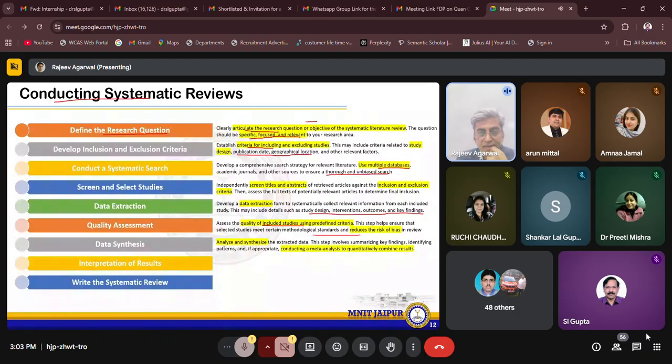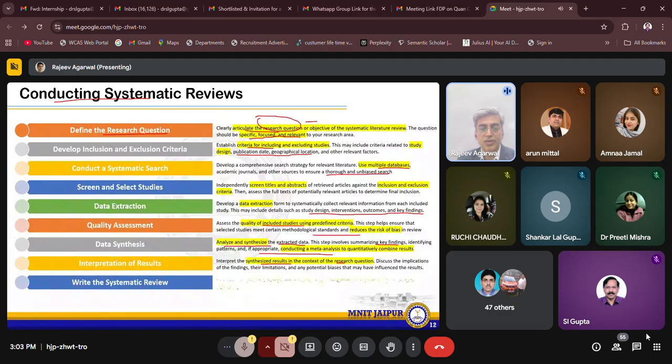Then analyze and synthesize the extracted data. Data means the number of papers you will be downloading for the last 20 years with the use of your keywords. So, summarizing key findings, identifying patterns, and meta-analysis. Here you are interpreting the synthesized results in the context of the research question which you have already made.